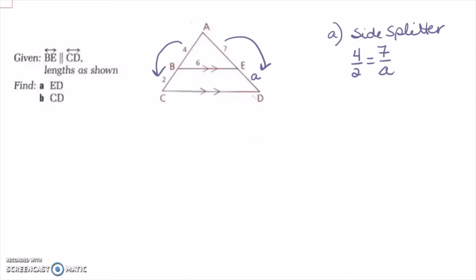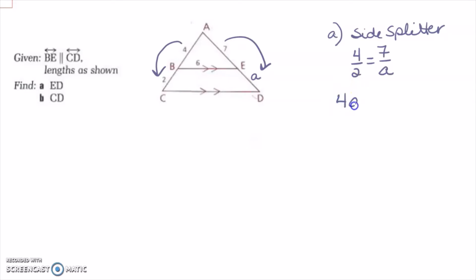My strong recommendation is to stay on one side of the triangle when you're doing your arrows. In theory, you could say 4 is to 7 the same way 2 is to A. That will cause you a little grief more often than not. At least that's been my observation with students over the years.